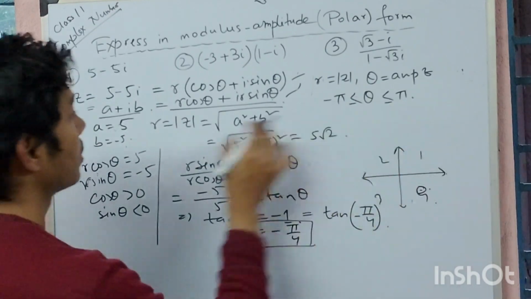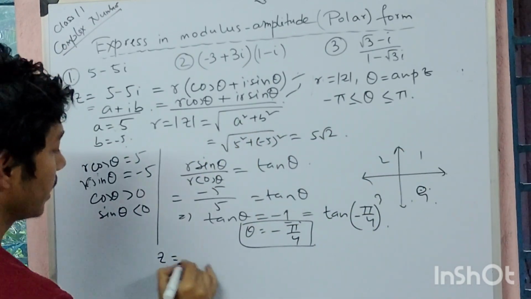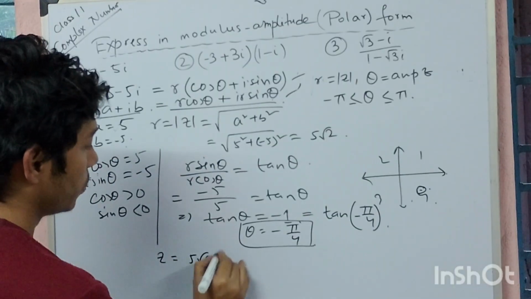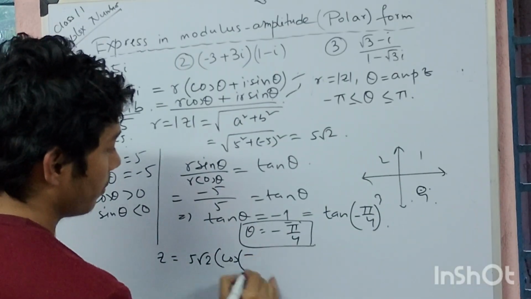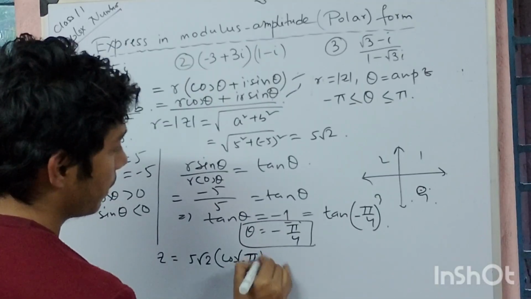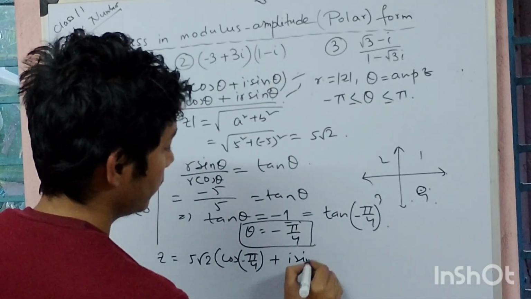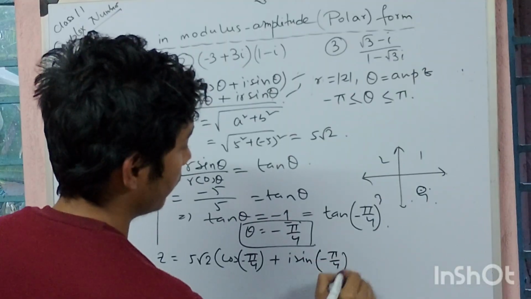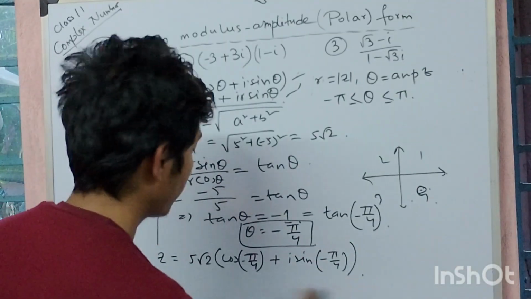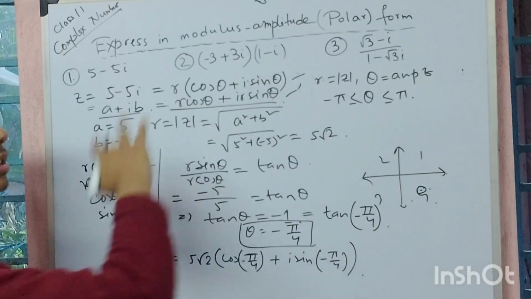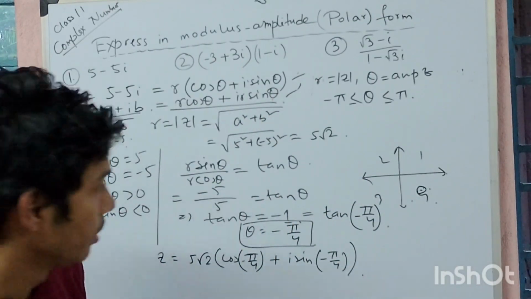You have already got r, which was 5 root 2. So you can write z as 5 root 2 (cos minus pi by 4 plus i sin minus pi by 4). This is the polar form, this is the amplitude, and this is your modulus. All have been derived.